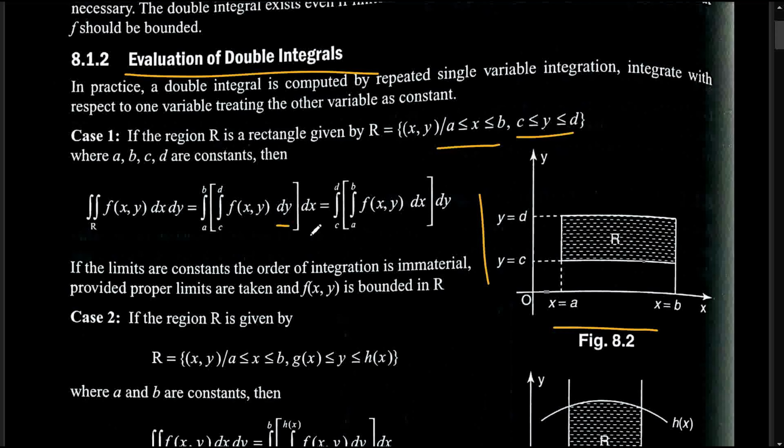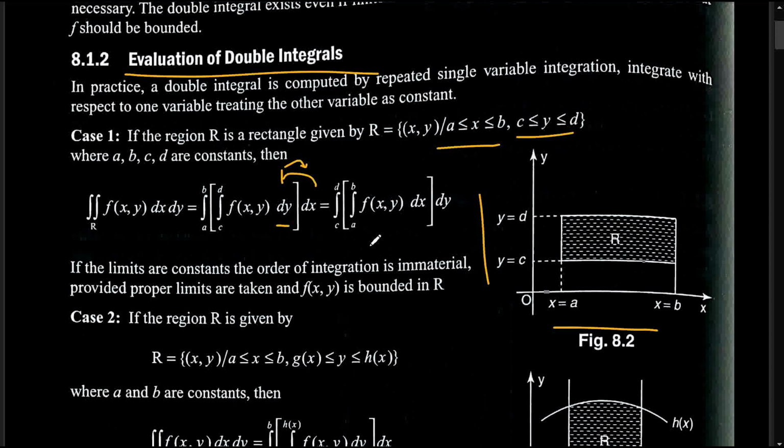In questions they may twist this, so they give it like this and ask you to solve it, but please don't solve it as it is. Just think it over and see whether the limits are correctly matched. If not, you have to change it.